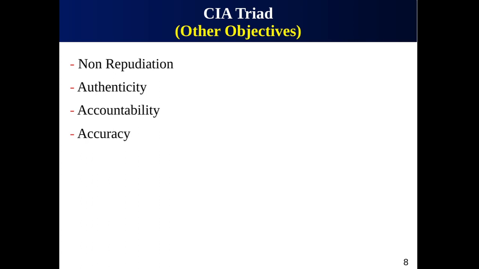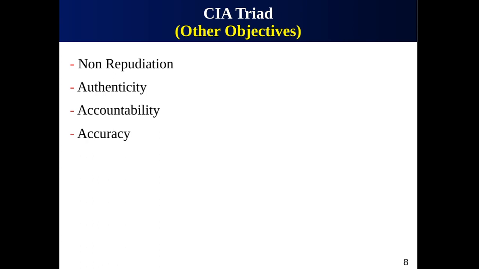And we also have accountability. Accountability means that it should be possible to track actions of an entity uniquely to that entity. We will go into more details about these other objectives later on in this course. And accuracy is very simple.